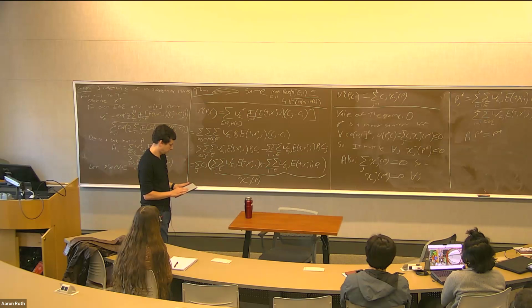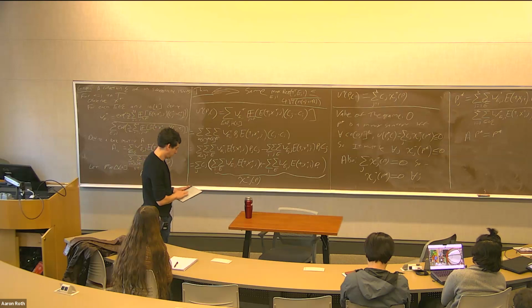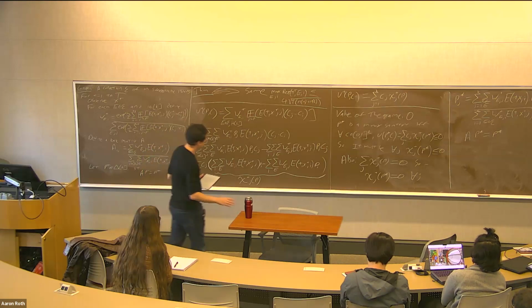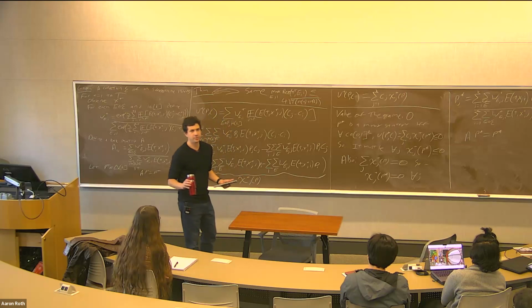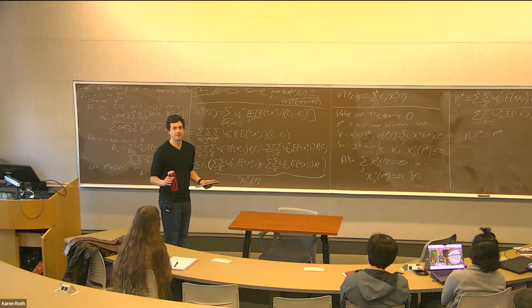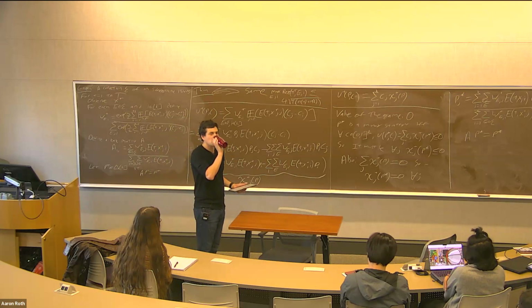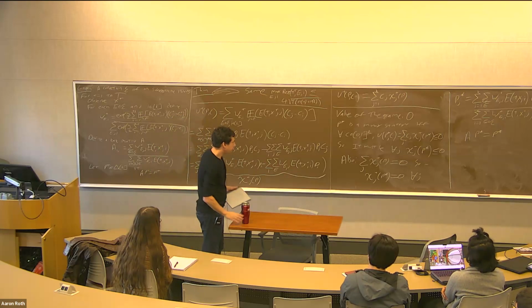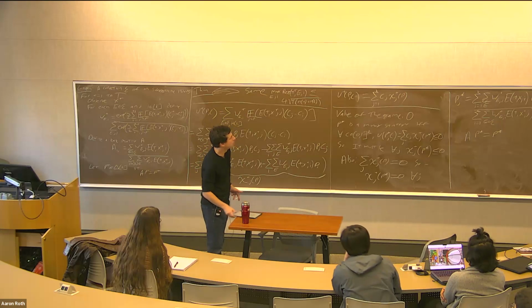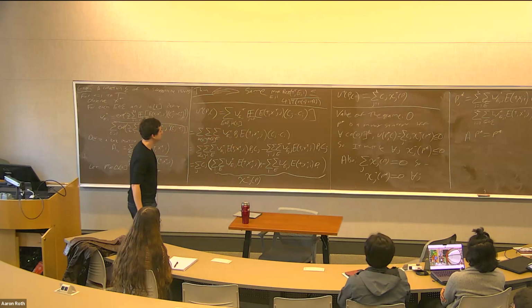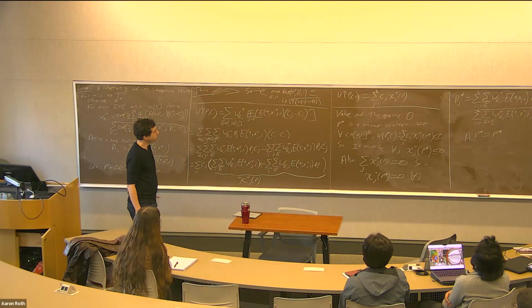Is there any intuitive explanation of this that is more linear algebraic than taking the eigenvector of a matrix? I don't know. I mean, it just happens.